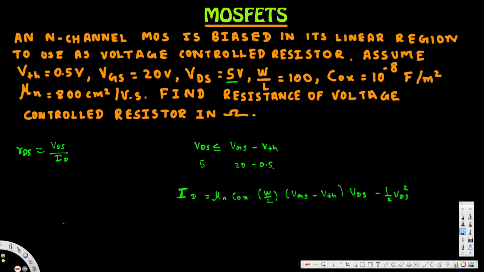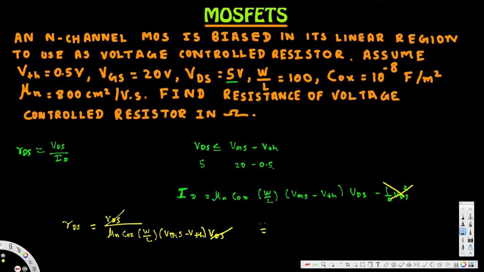RDS is going to be VDS on top, and instead of ID I replace this equation, so this is going to be mu n COX W over L times VGS minus V threshold times VDS, and we can neglect this part to simplify the calculation. Now VDS cancels and we are left with this one.